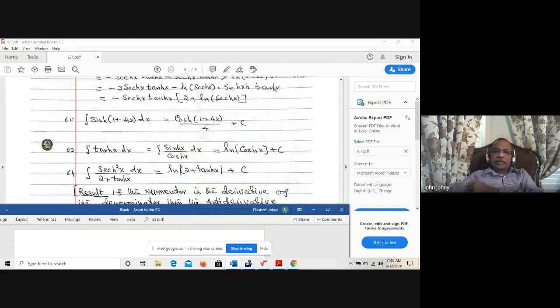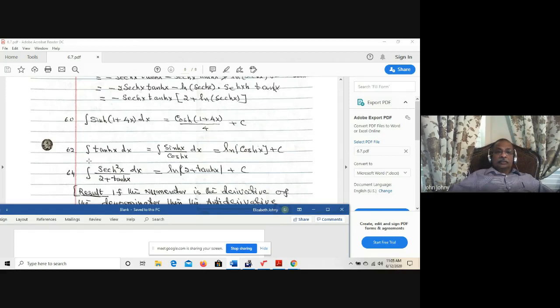So if it is a linear function, you find the antiderivative of sinh x, which is cosh x. So it is cosh of 1 plus 4x, and divide that by the coefficient of x. The reason is if it is a differentiation, you multiply by a 4. That is the chain rule. And integration is the reverse process of differentiation, so instead of multiplying, you have to divide. But the best way is to substitute 1 plus 4x equal to u and then proceed. After 2 steps, you get it.